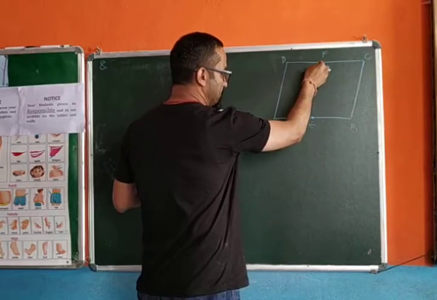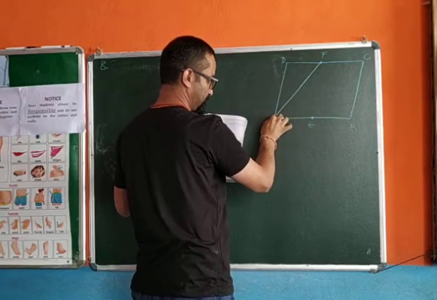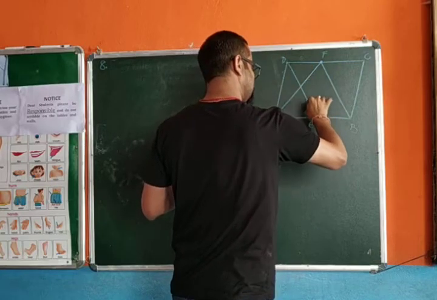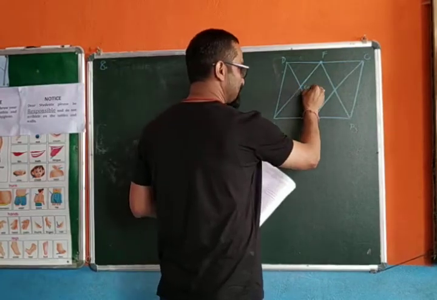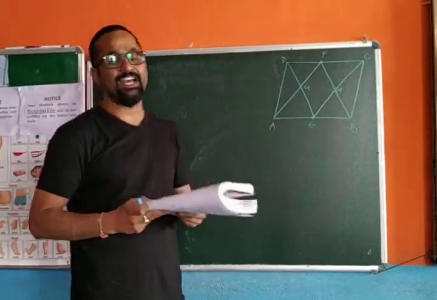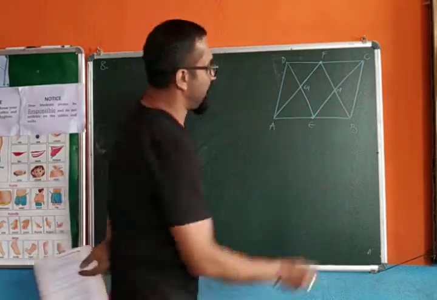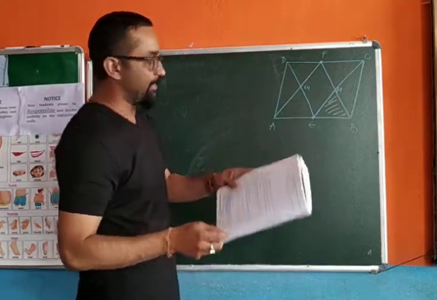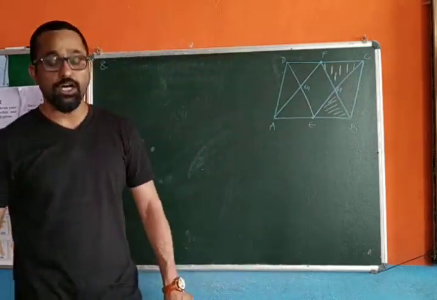You have lines passing through the midpoints, and these lines intersect each other at G and H. First part: prove that triangle HEB and triangle HCF are congruent.